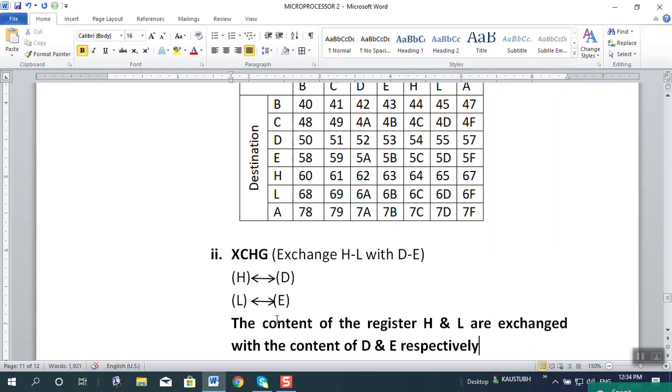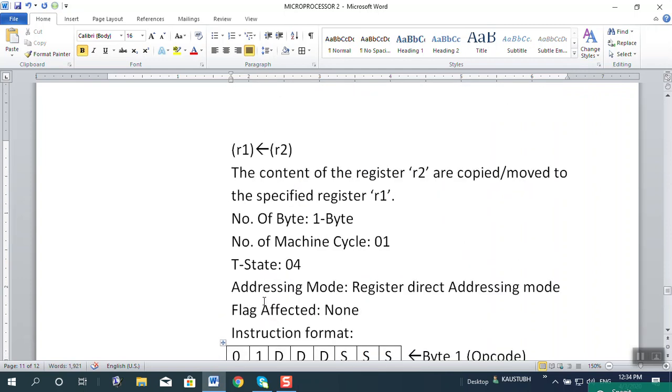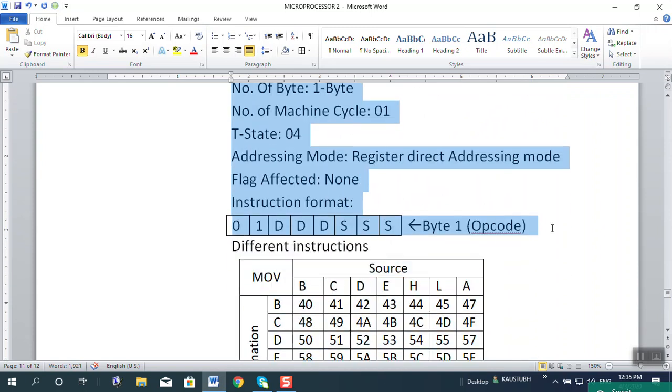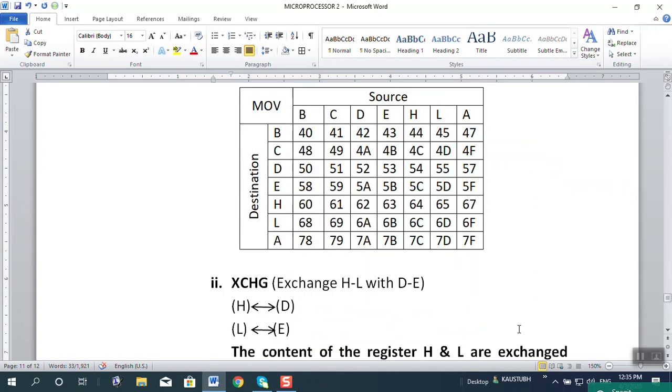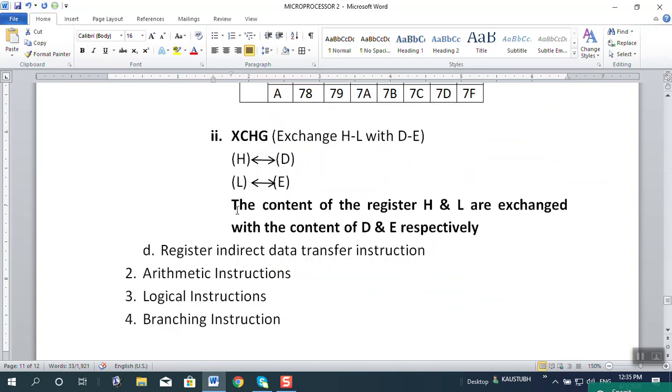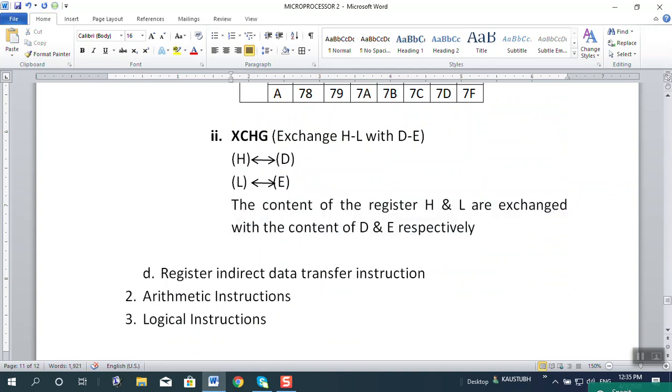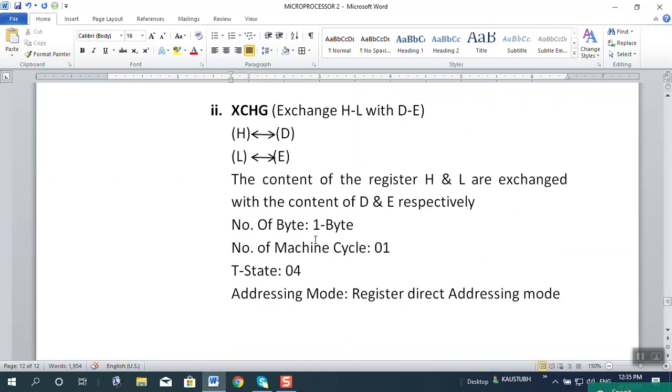So here also the number of bytes is 1, this is also a 1 byte instruction.